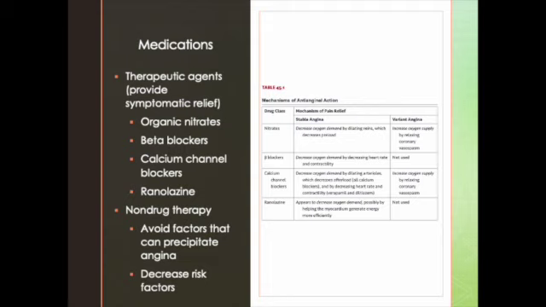Calcium channel blockers will decrease oxygen demand, but they're working on the arterioles. They're going to help dilate and decrease afterload. They also will decrease your heart rate and contractility as well, but only verapamil and diltiazem. And then lastly, ranolazine. This appears to help decrease oxygen demand by helping the myocardium generate energy more efficiently.